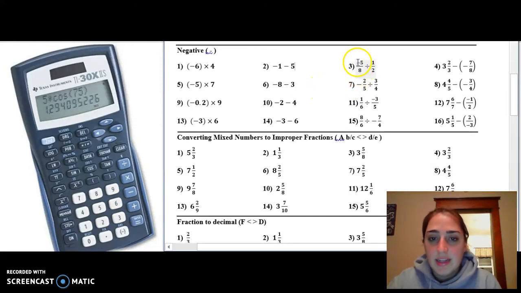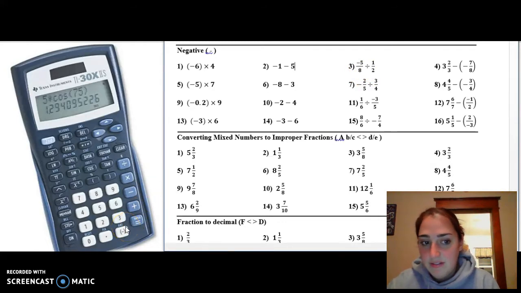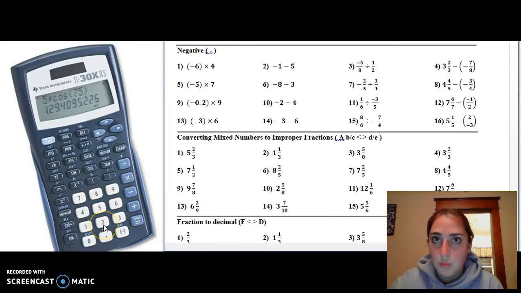Number 3, that's going to include your -5/8 divided by 1/2. So it's going to be -5 ABC key 8 divided by 1 ABC key 2. And then enter after all of these, obviously.